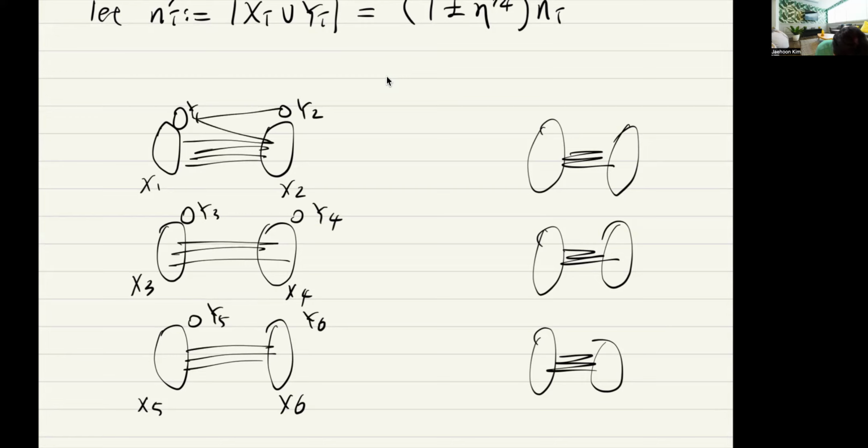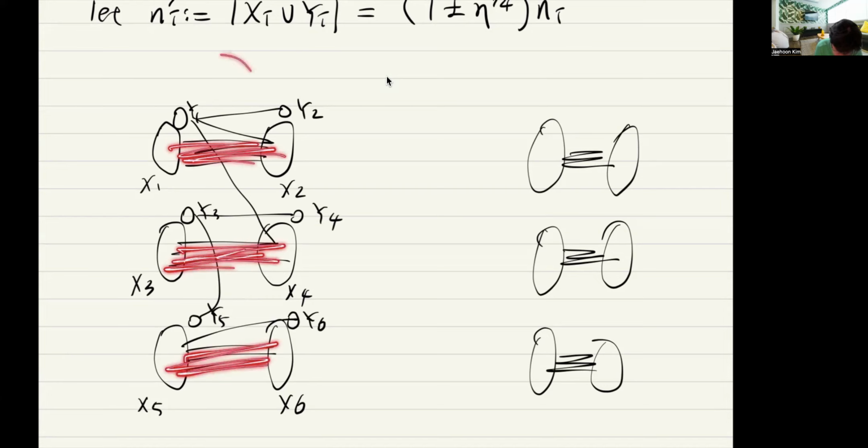Some of the vertices, this small number of y_i, are maybe problematic, while the edges between x_i are in the right place, and there is a small number of vertices y_i which may contain irregular behavior edges.